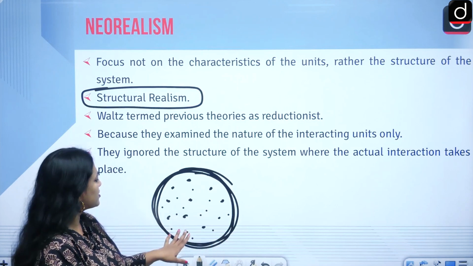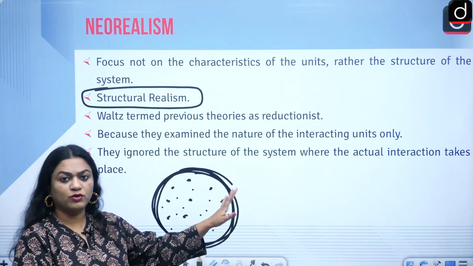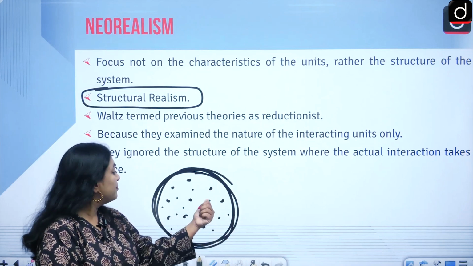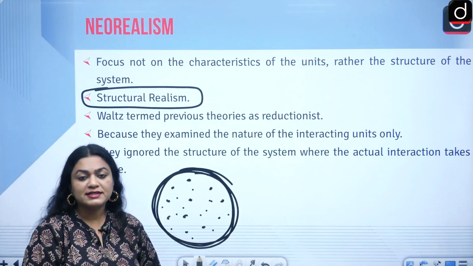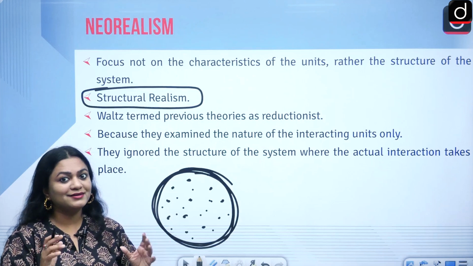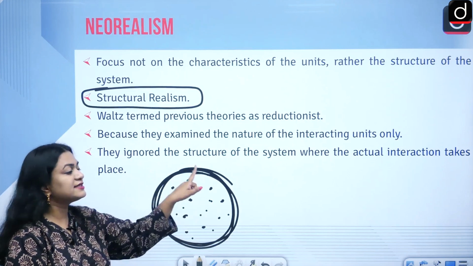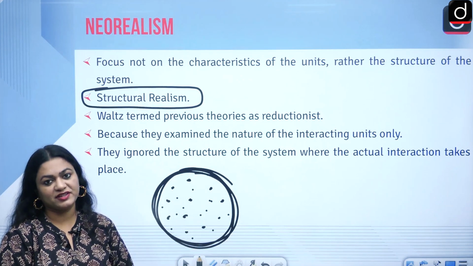These were the major focuses of the old or classical realism. They focused on the behavior of particular states. But under structural realism, the focus is more on the system in which they are interacting with each other.